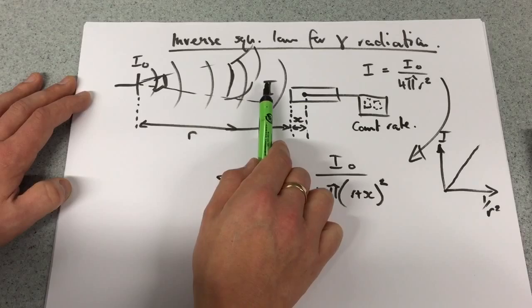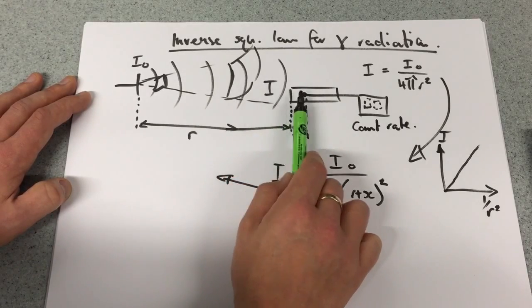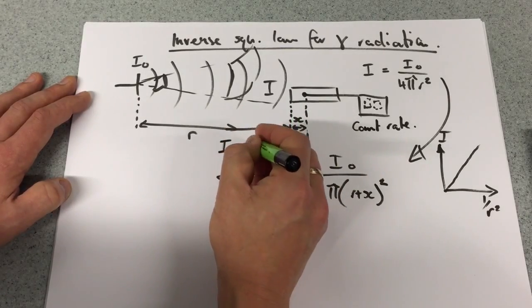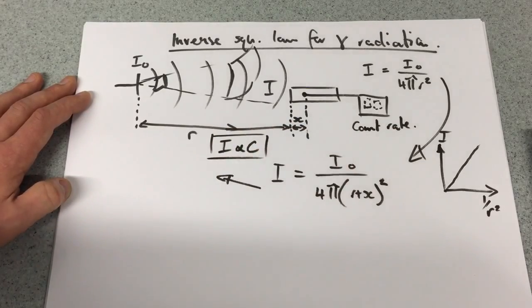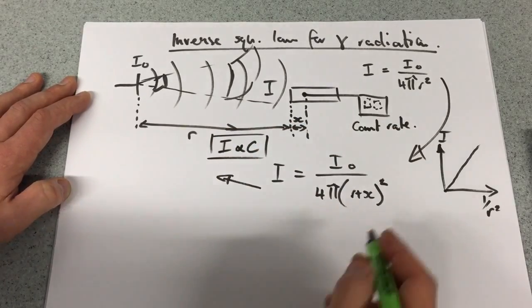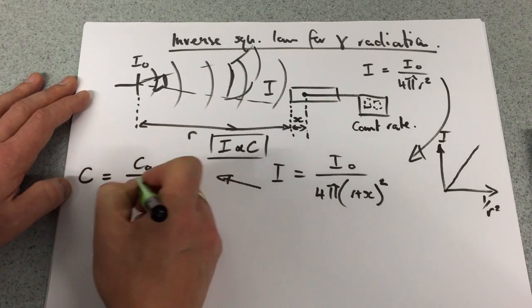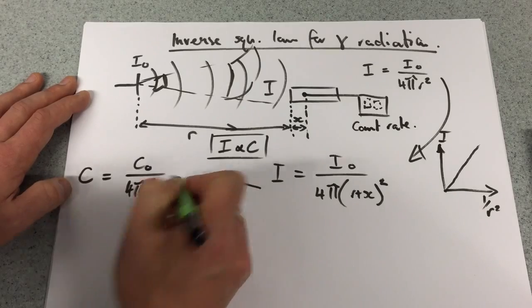But what we do know is that if the gamma ray has a greater intensity, the count rate will increase. So we can say that the intensity is directly proportional to the count rate. So therefore, let's rewrite the equation as the count rate is going to be the initial count rate over 4 pi r plus x all squared.